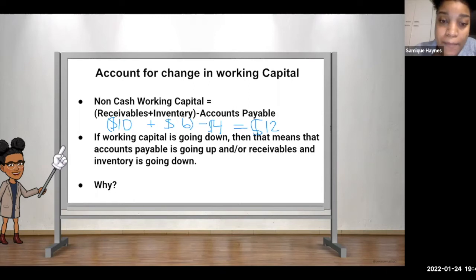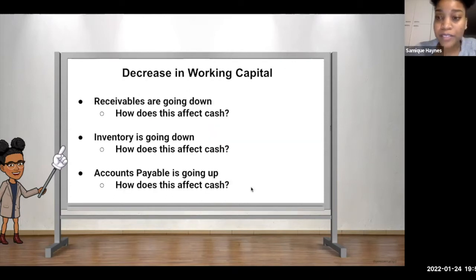Now, what happens if our receivables goes down to $5? What will happen to our non-cash working capital? Non-cash working capital goes down. Same if inventory goes down, right? All right, good. So we understand how that's going to go up and down.